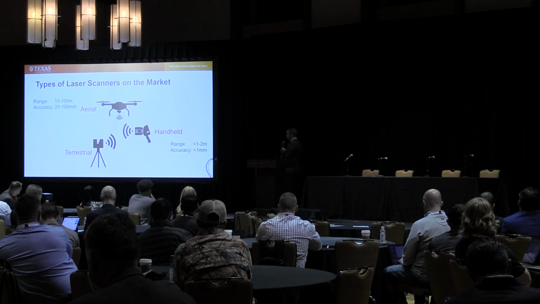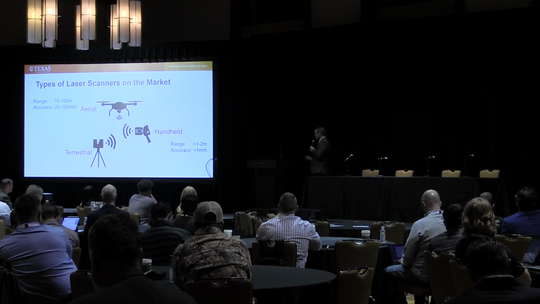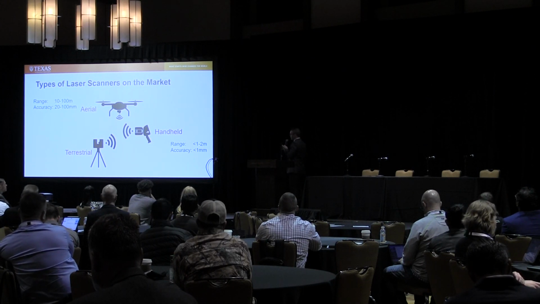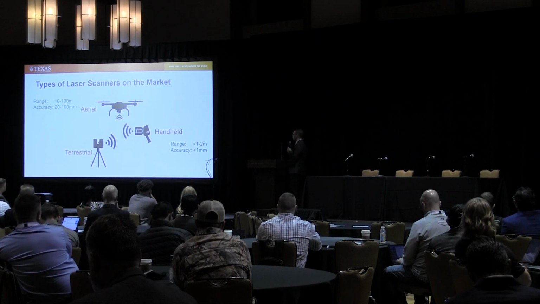With that, you have an ability to cover a far larger area, on the order of 10 to 100 meters, sometimes even up to kilometers. Obviously, as drones can fly, you can scan. As a natural consequence of having a laser scanner mounted on a drone, typically we don't have as good of an accuracy, so on the order of 2 to 10 centimeters is a common category.